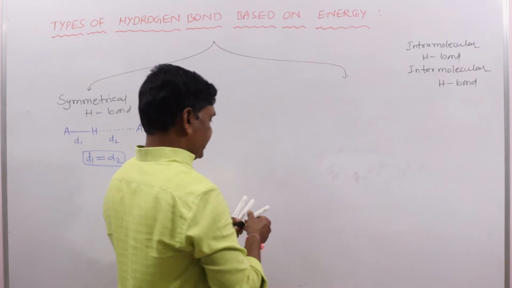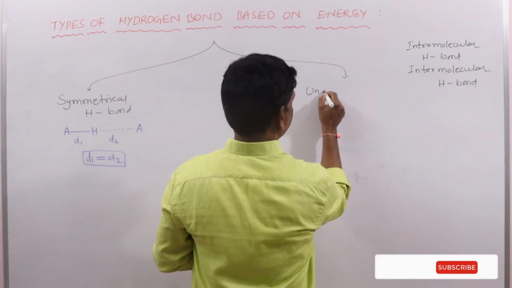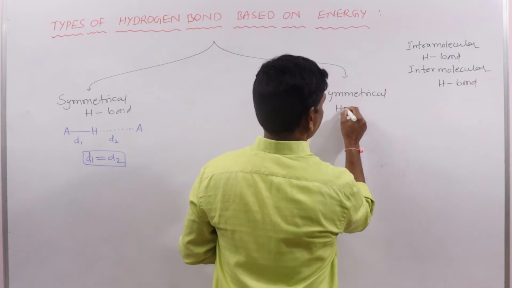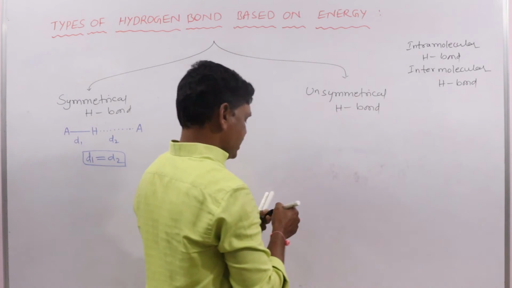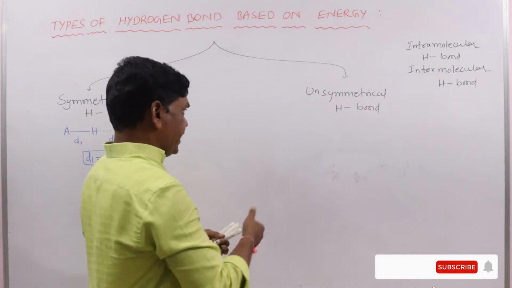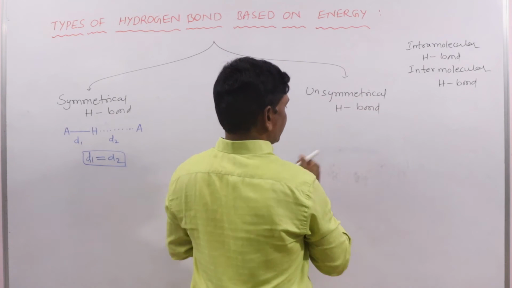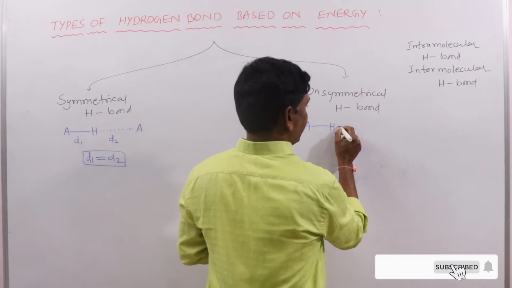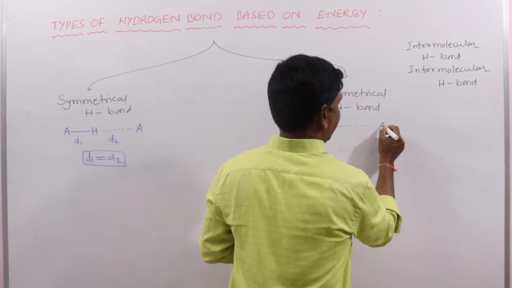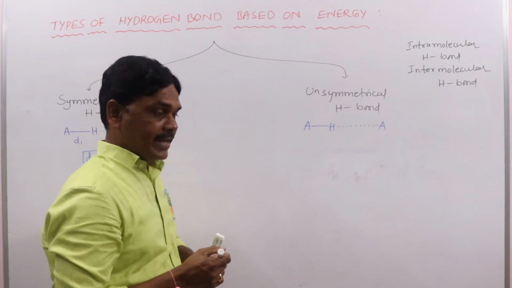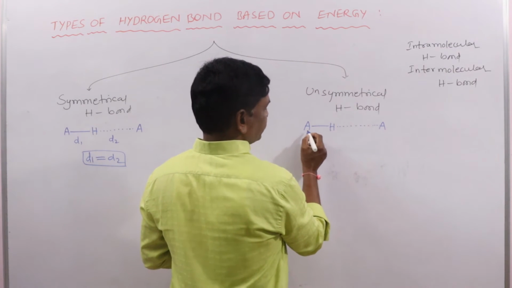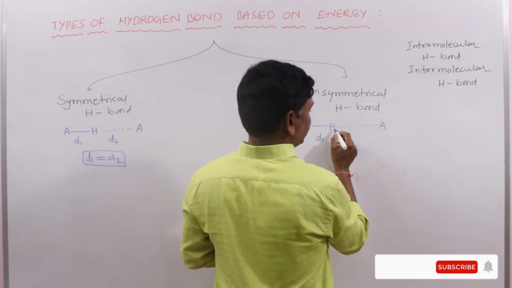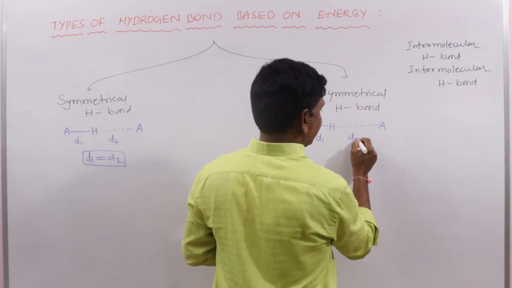Now the unsymmetrical hydrogen bond. Here also I am taking the same example: a molecule AH is forming a hydrogen bond with A. The distance between A and hydrogen in the molecule is D1, and the distance from the hydrogen to this A is D2.